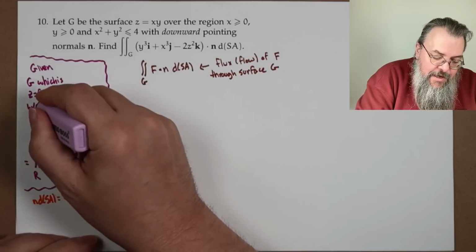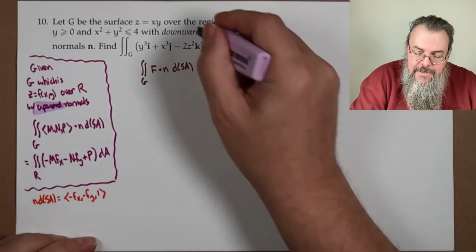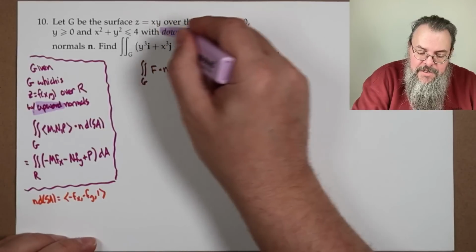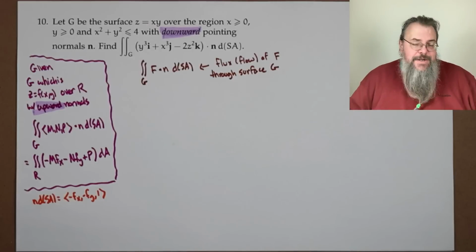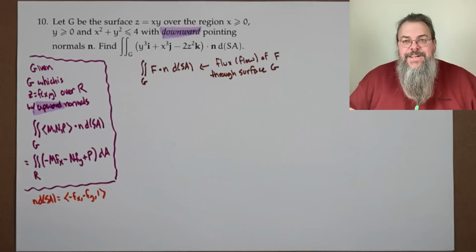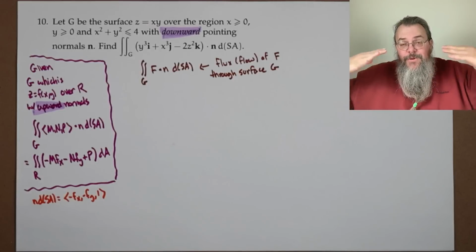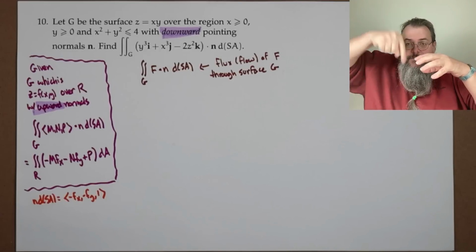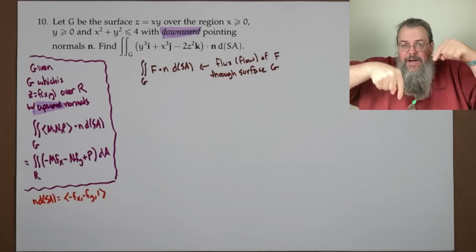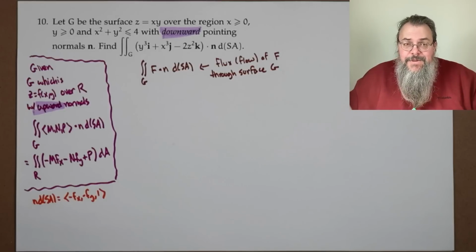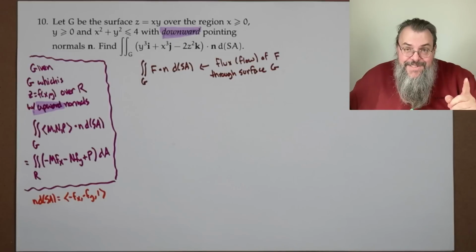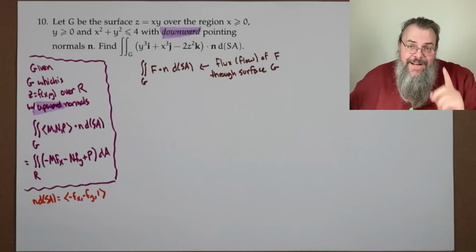This says upward. This one says downward. What does that mean? Well, it means we're going in the wrong direction. The orientation's the wrong way. So our normals are going down, not up. Can we still use this? Yes, but we need to correct for it.